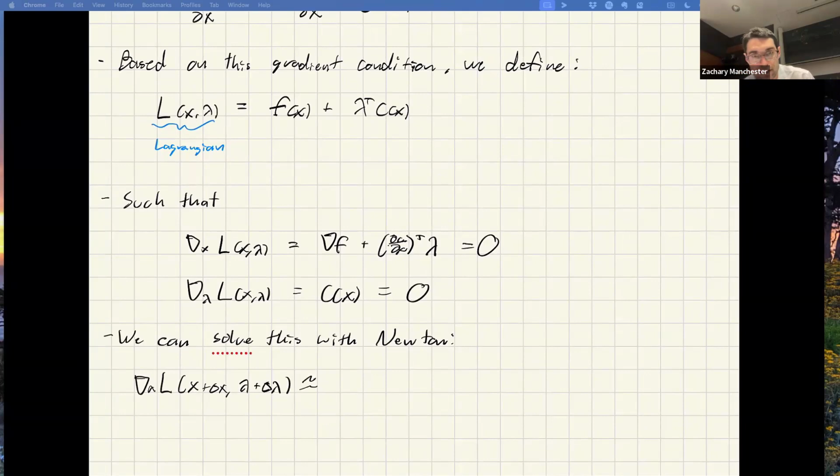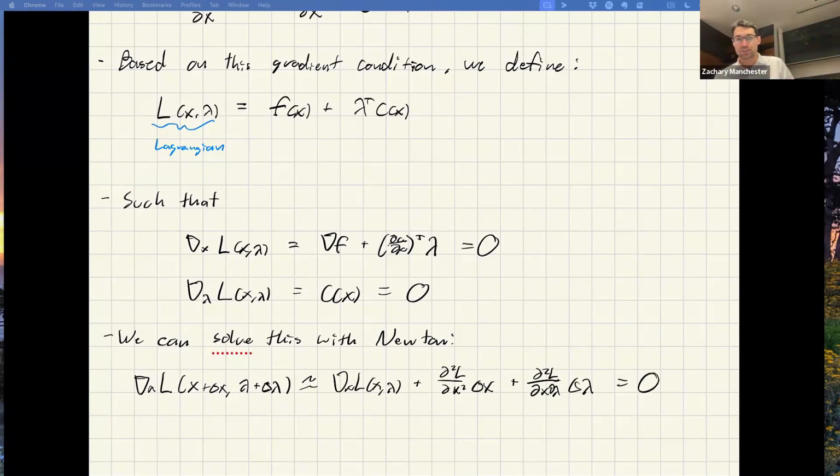And approximately, right, so the original gradient, and then we're going to get d squared L dx squared times delta x, and then d squared L dx d lambda, the mixed partial, times delta lambda equals 0. And if I just think about this for a second, the first term's obviously this Hessian thing.